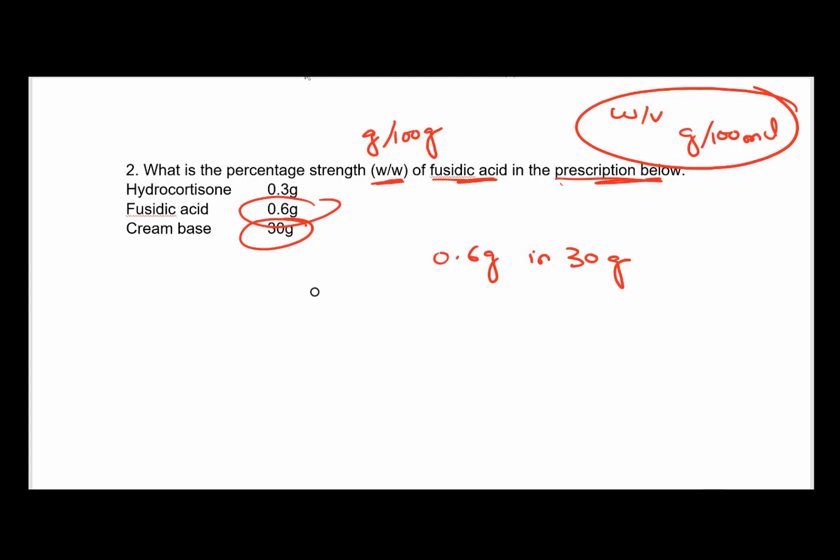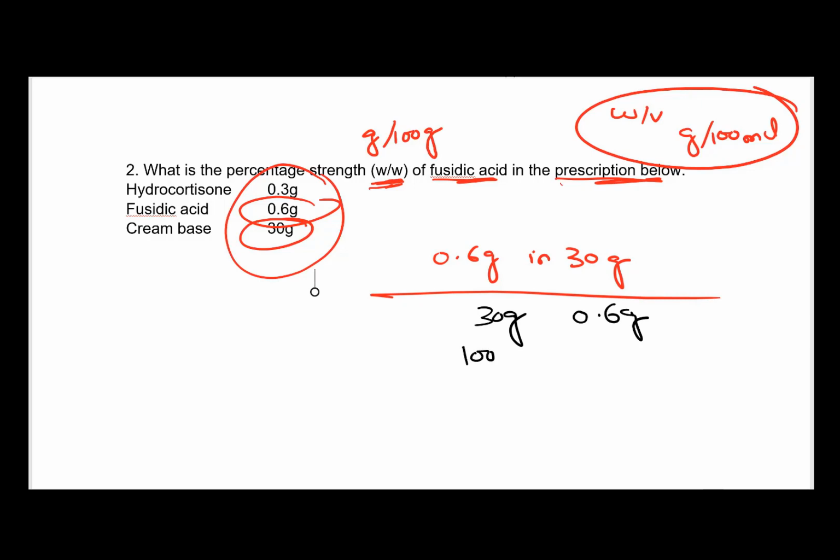Weight by weight we know is 100 grams. So 100 grams of the cream will have this divided by this, 2 grams. And the answer would be 2%.